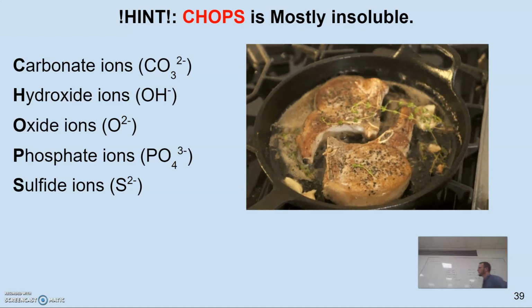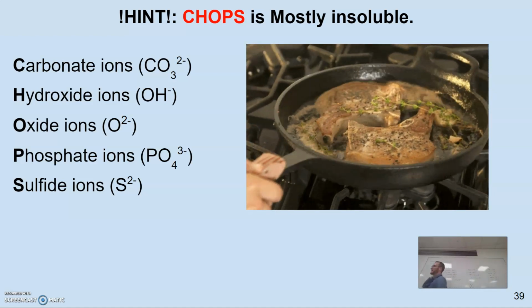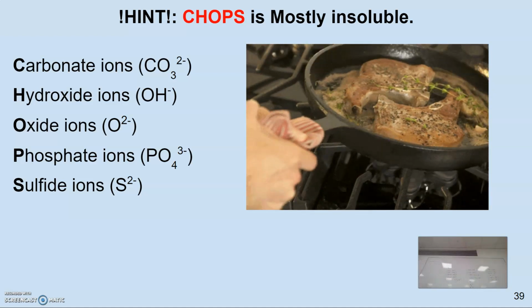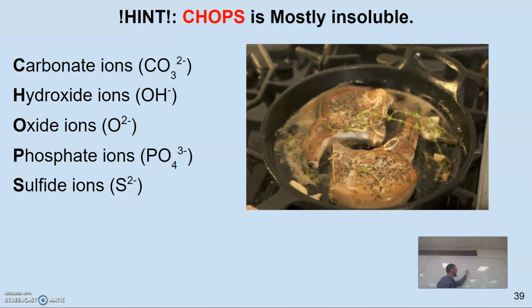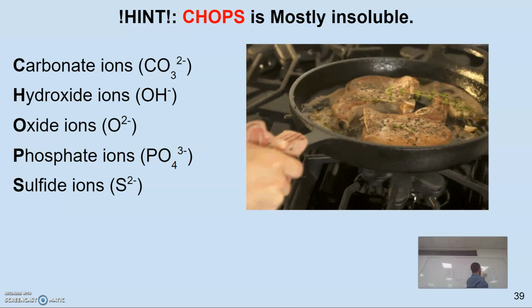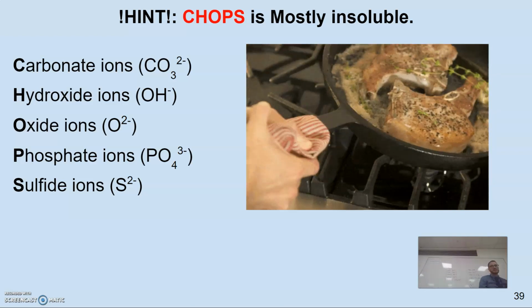Notice in all three examples I've got an S, but the S stands for something different in each one. So all sodium salts are soluble, sulfates are mostly soluble, sulfides are mostly insoluble.